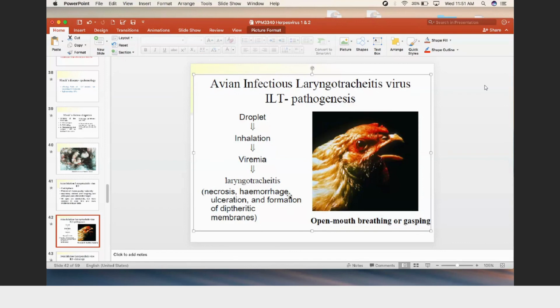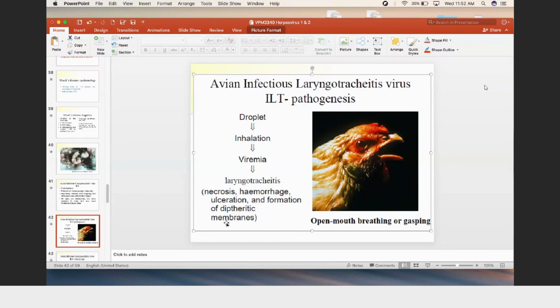Sometimes, because there is so much, it forms another layer of membrane along the trachea. That's how the airway becomes narrowed down. We call it the diphtheritic membrane.